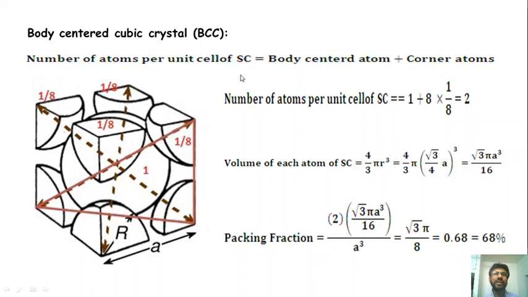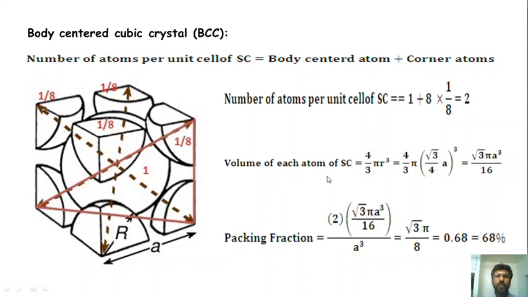Now in case of the body centered cubic crystal structure, the number of atoms per unit cell is equal to the body centered atom plus the corner atoms. Here there is only one body centered atom plus the 8 corner atoms, taking the 1/8 share, so 8 multiplied by 1/8 is 1, plus 1, we get 2 here.